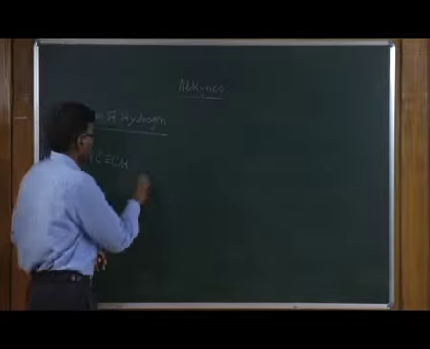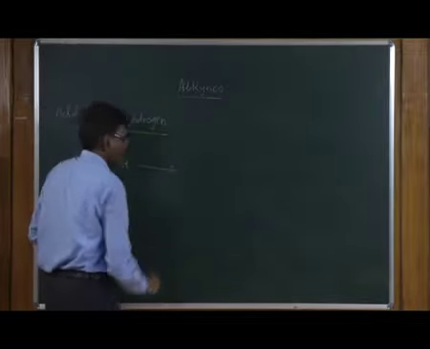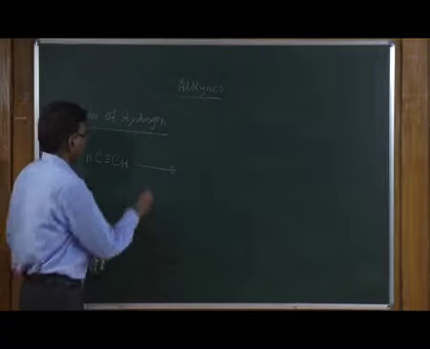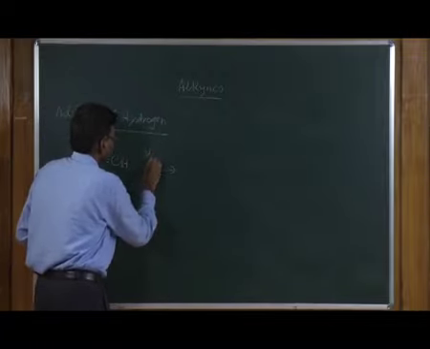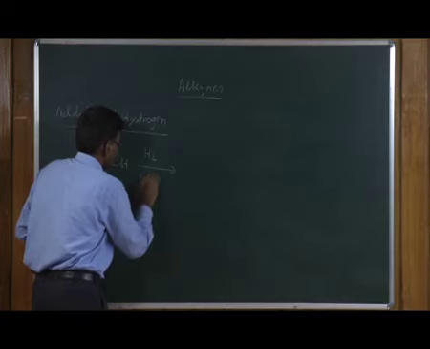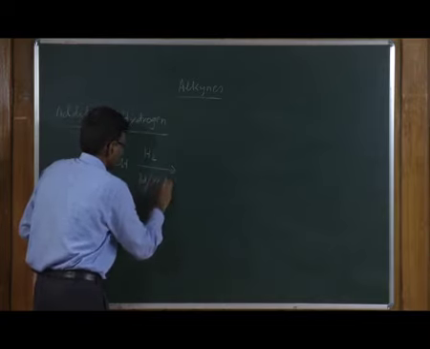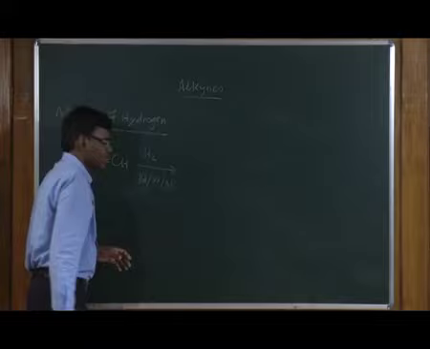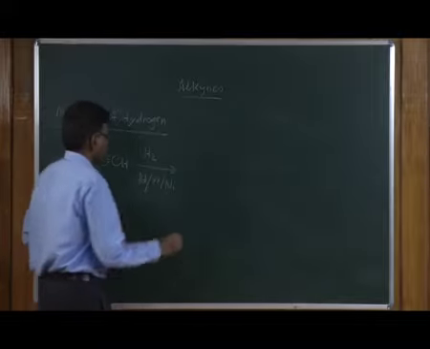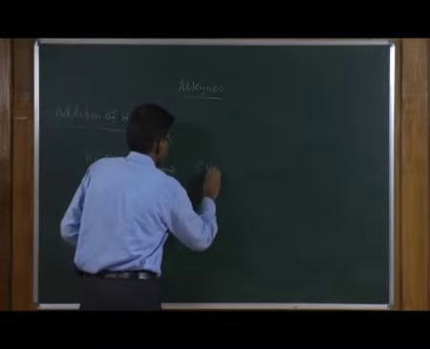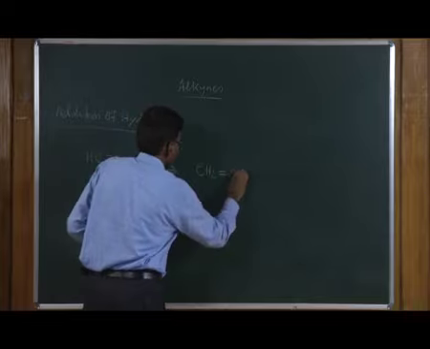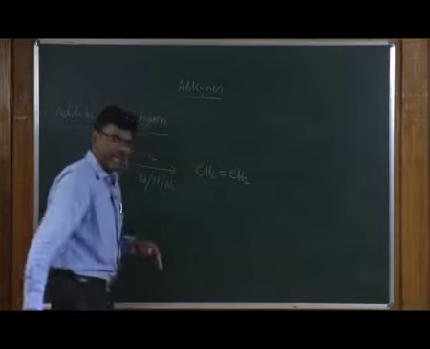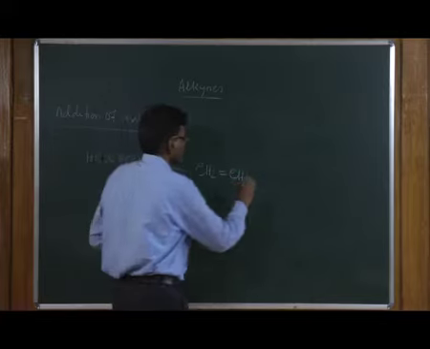Alkynes can readily undergo reaction with hydrogen in the presence of catalysts like palladium, platinum, nickel. It can undergo addition to give alkene. The alkene can be further reduced into alkane.